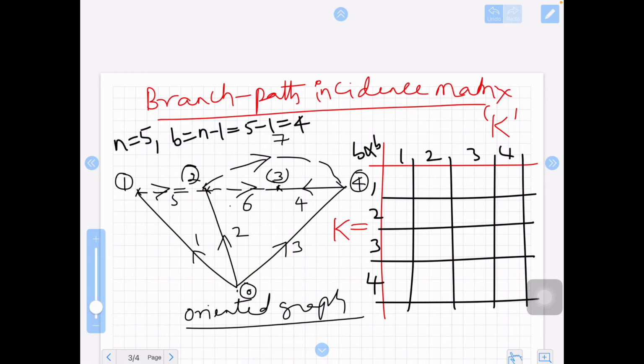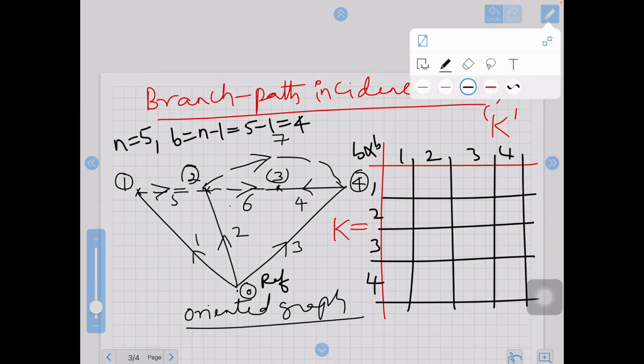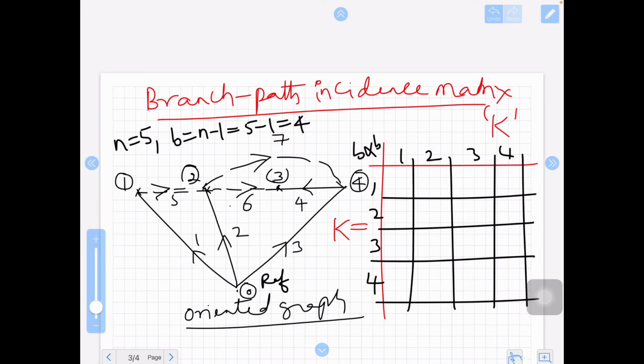It is easy. Here we have to see the buses. So this one is reference, and this is the first bus. From the bus to the reference, you have to create a path like this.